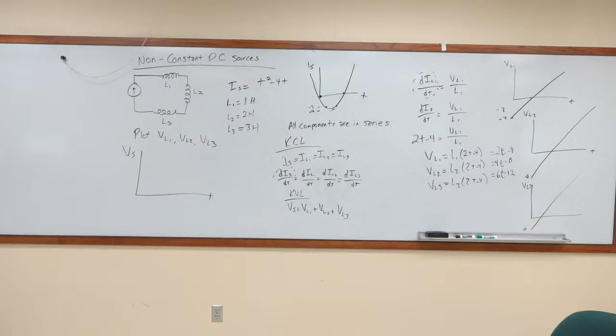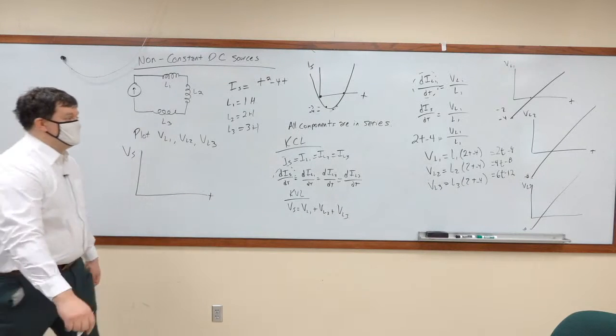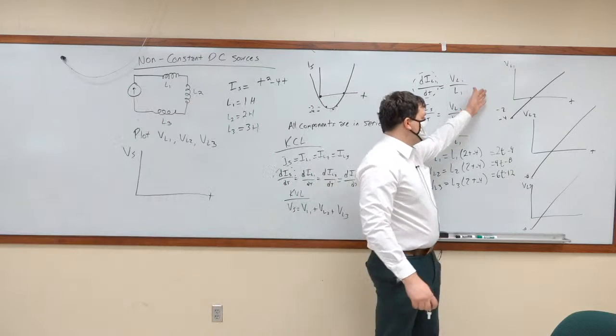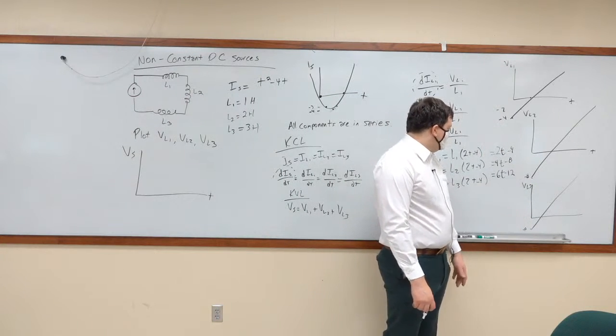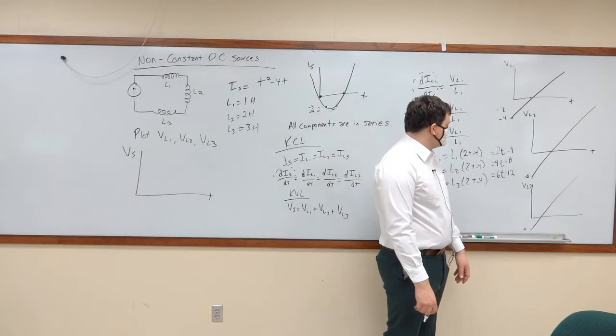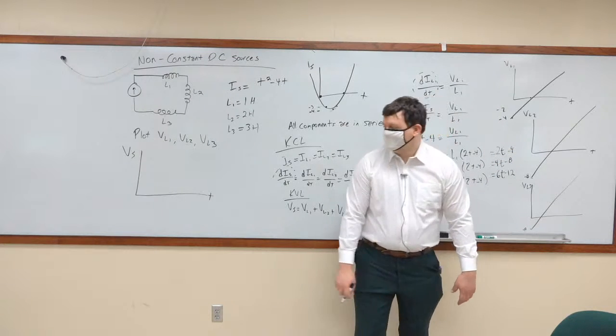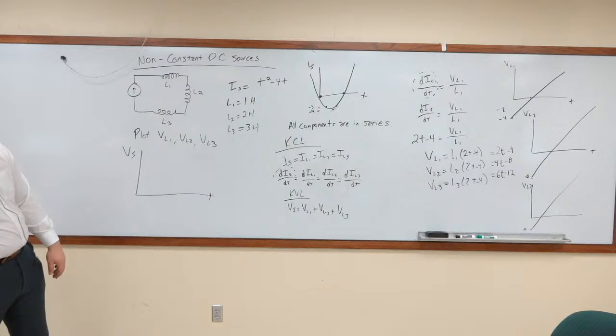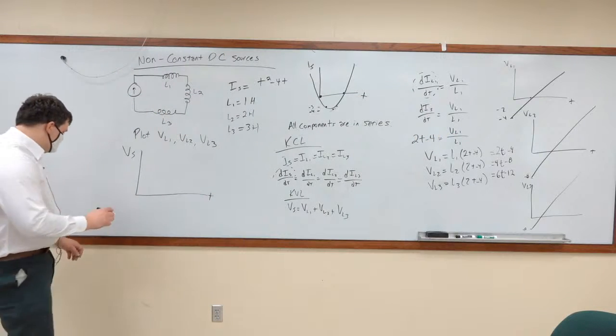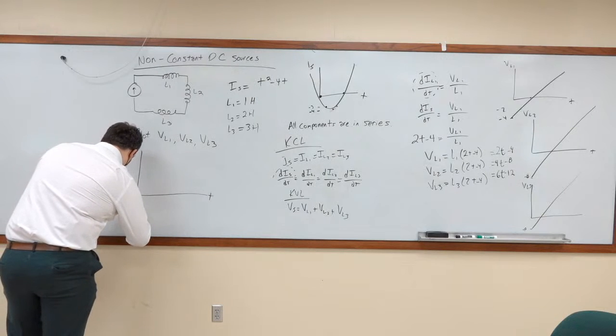All right, so graphically, what does that mean? It is linear. We can add all of these together. If we just add the values at t equals 0 and t equals 2, it's going to be a line. So it's going to start out, let's see, -4 plus -8 plus -12 starts out at -24.